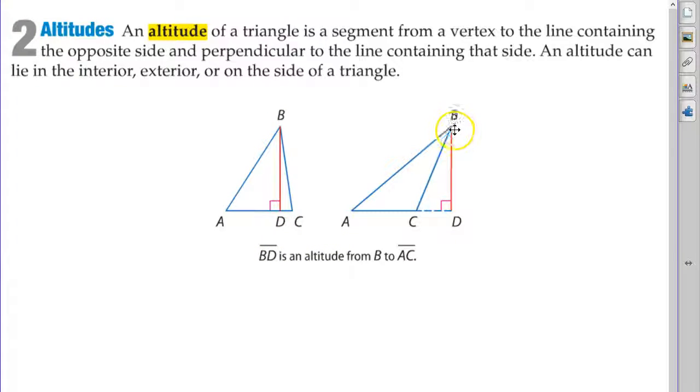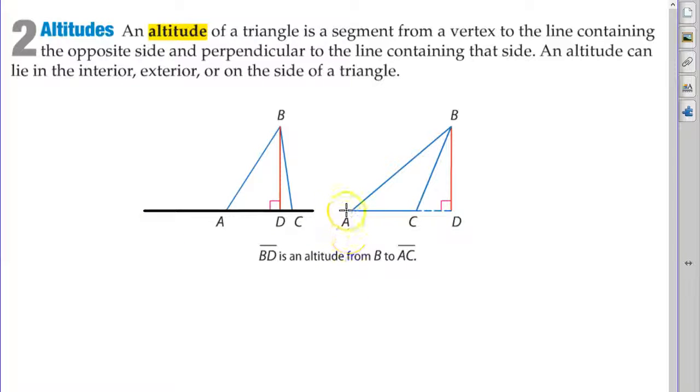The problem is this: if you would be outside of it, if I go from B and try to go straight down perpendicular, I miss AC. Well, that's where you have this more expansive definition. It says an altitude of a triangle is a segment from a vertex, B, to the line containing the opposite side and perpendicular to that line. So what we really do for altitude is create a line for it, thinking of the side as being extended forever.